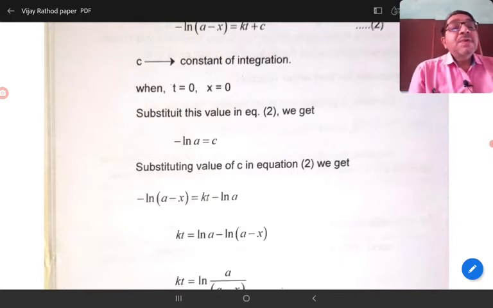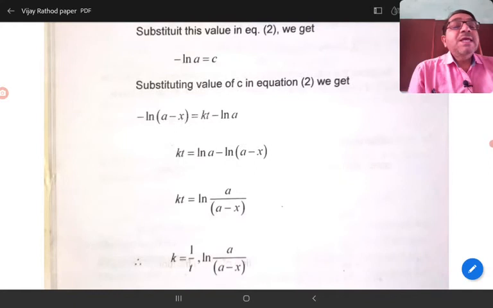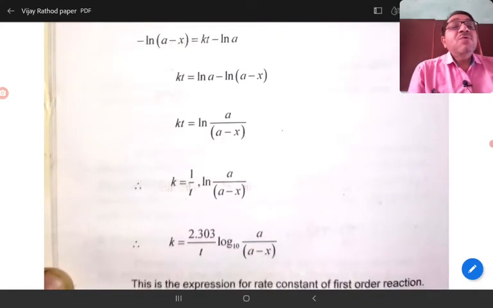Rewriting, kt is equal to log a upon a minus x. Therefore k is equal to 1 upon t log a upon a minus x.